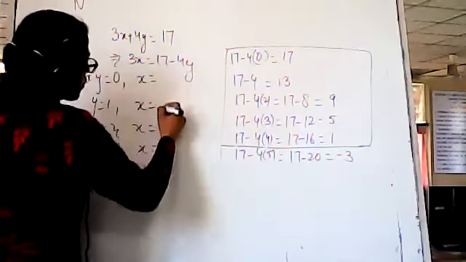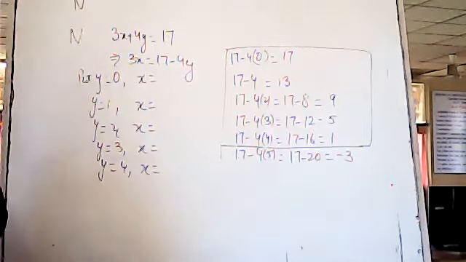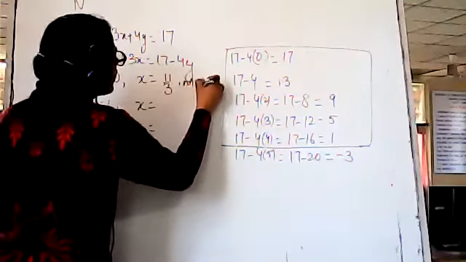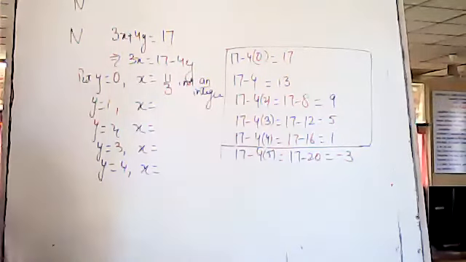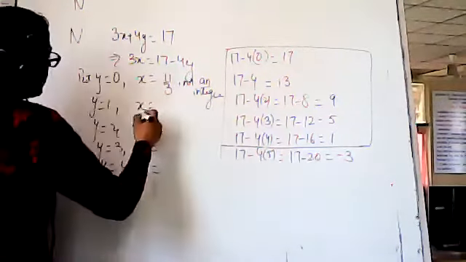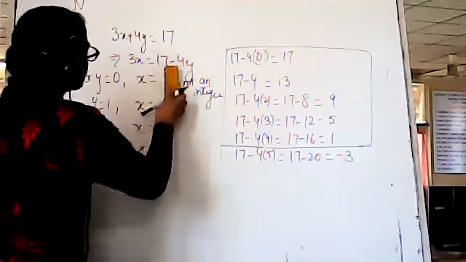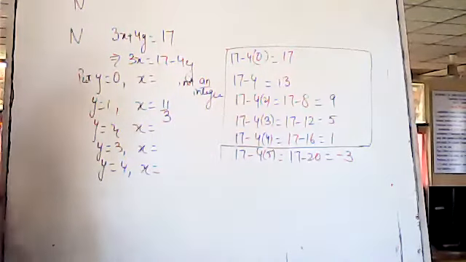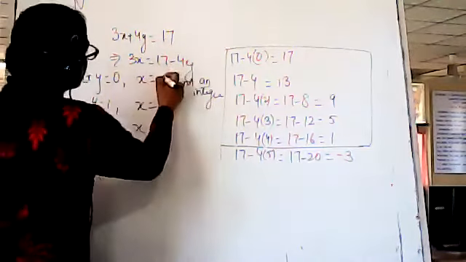Now see which value of x comes out as an integer. If you put y equals 1, x will be 11 by 3. So this is not an integer. If you put y equals 0, x will be 17 by 3.